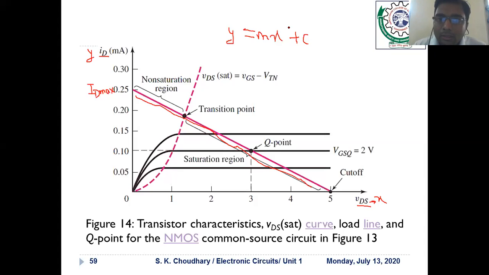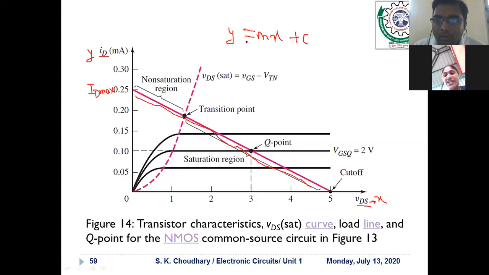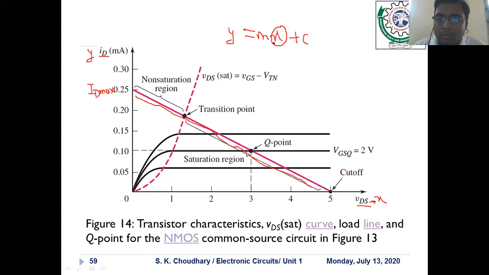See, to find the y maximum, we have to put x is equal to 0. So when you put x is equal to 0, y becomes y max.